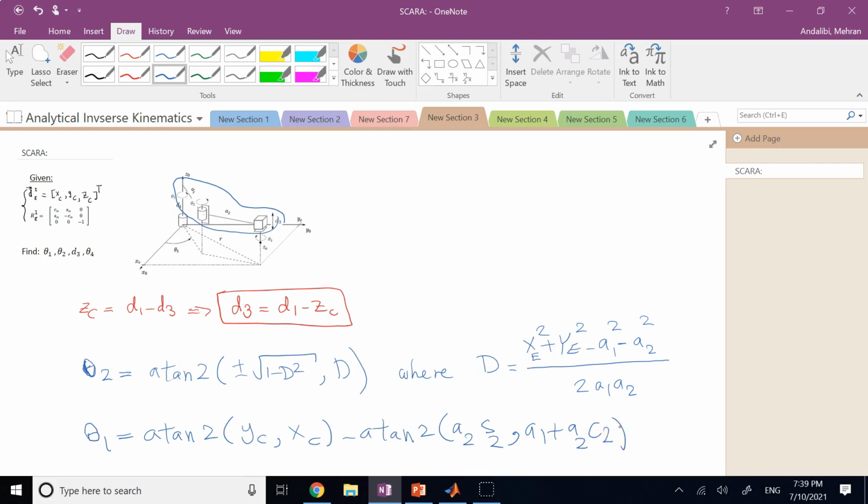Okay, so these were theta 2 and theta 1 from the last case, and the only remaining thing is theta 4 basically.